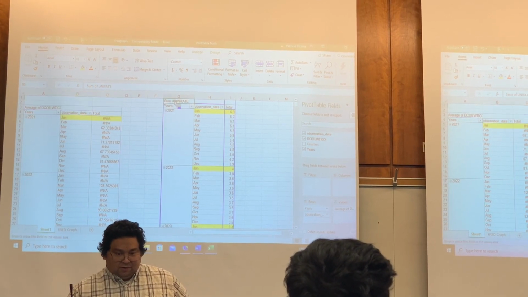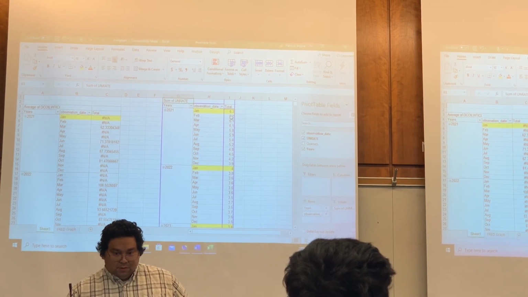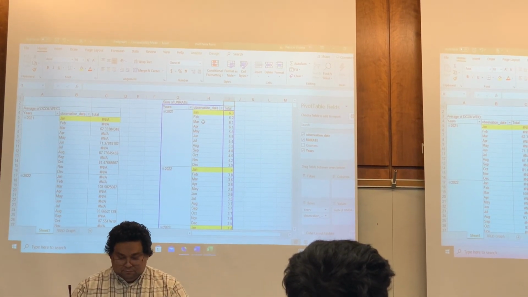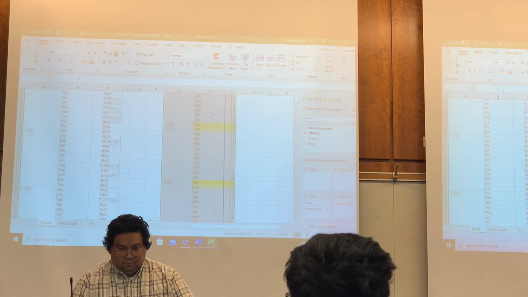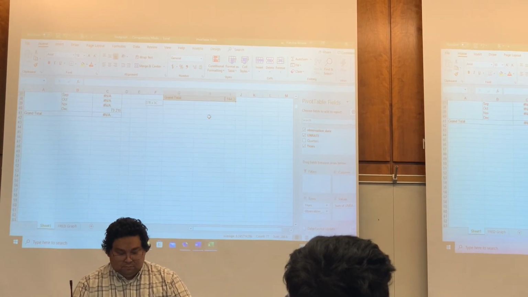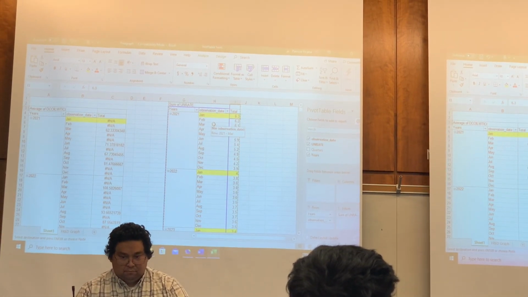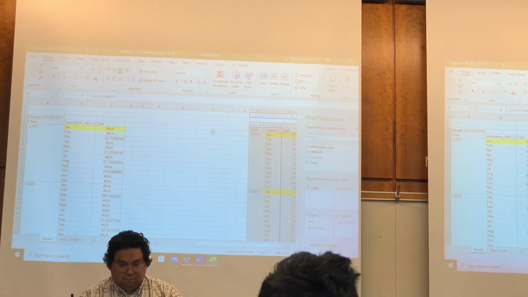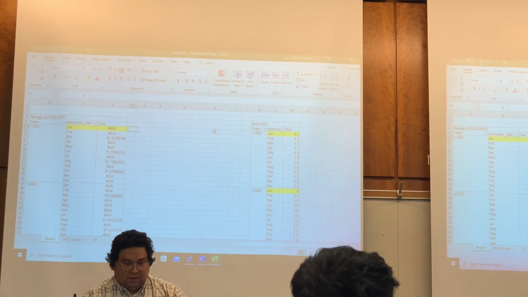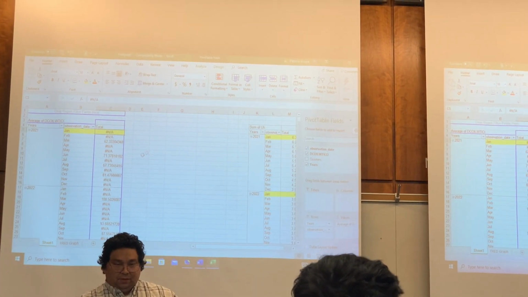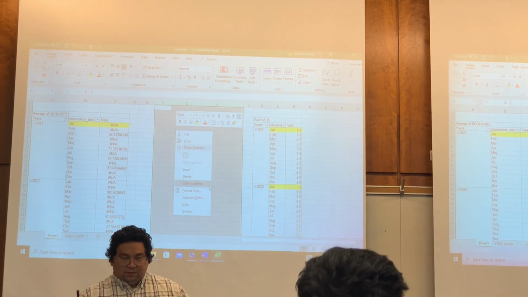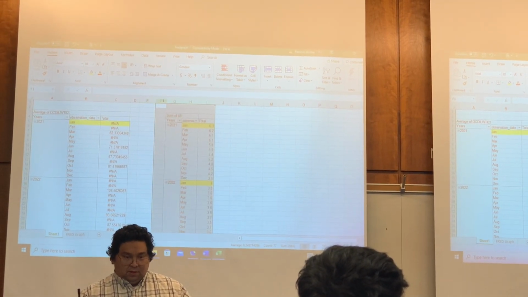So in other words, January is at this level. So we can remove these columns. Removing this.